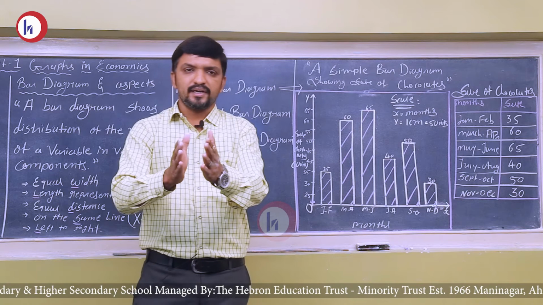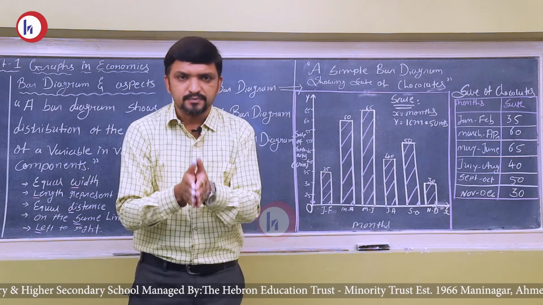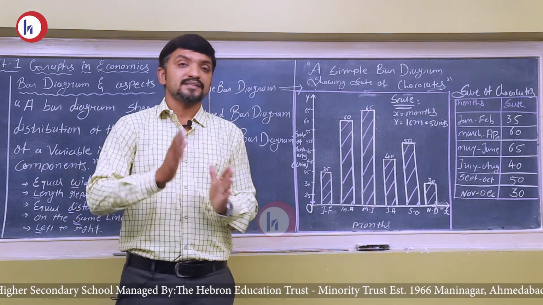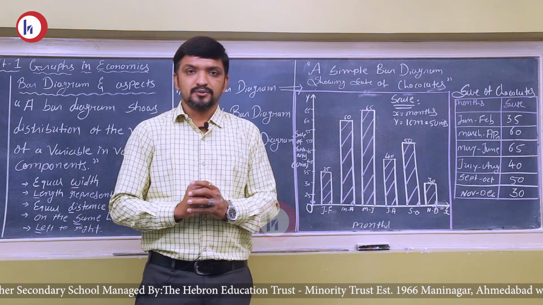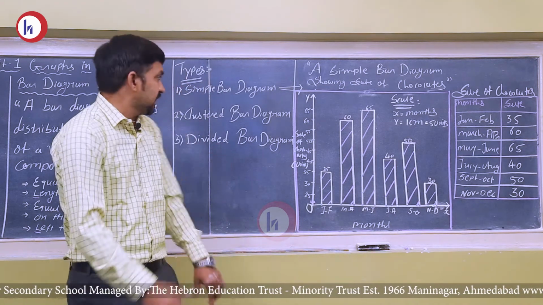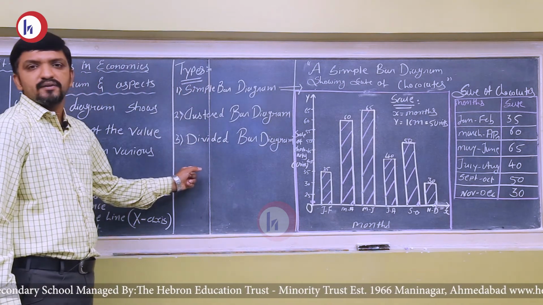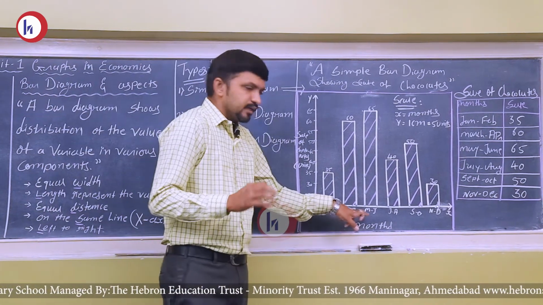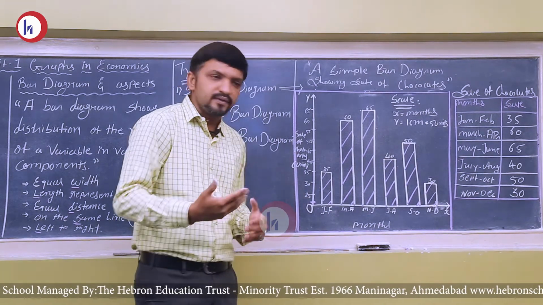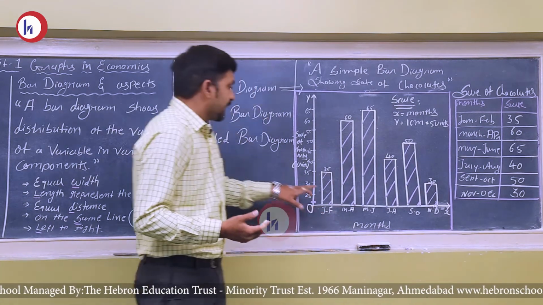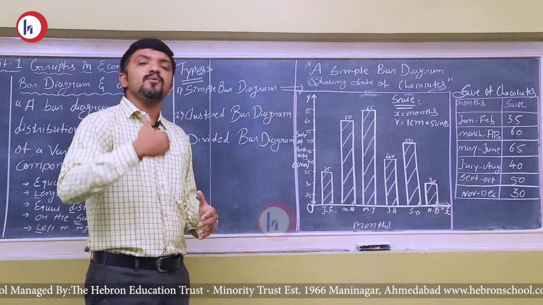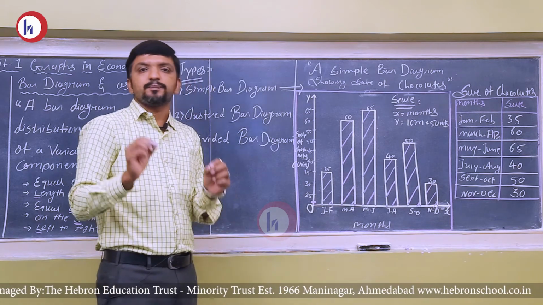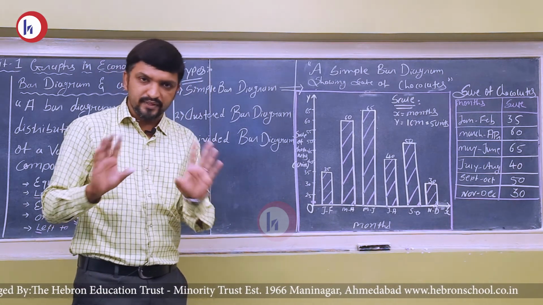This first line in all kinds of analysis must be same except pie diagram, because pie diagram does not have x and y axis. So in all other kinds of bar diagram, that is a simple or a clustered or a divided, your very first analysis point would be that here or in the given diagram, months and sale of chocolates have been presented on x and y axis respectively. So first point is clear.